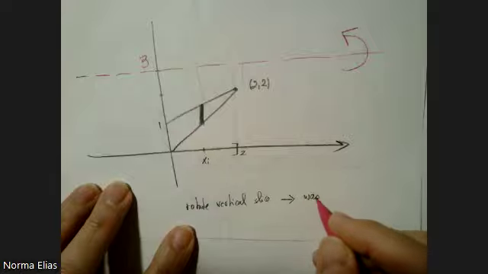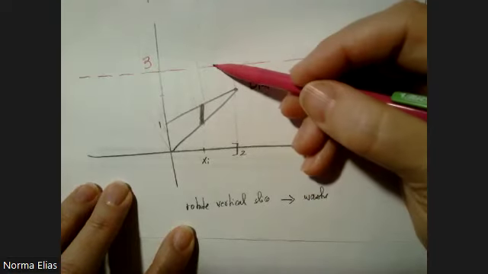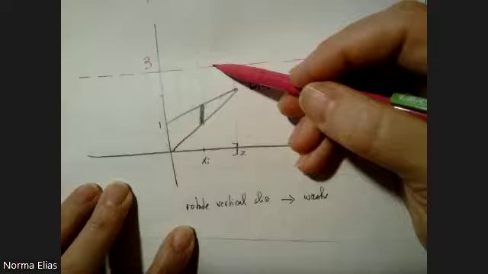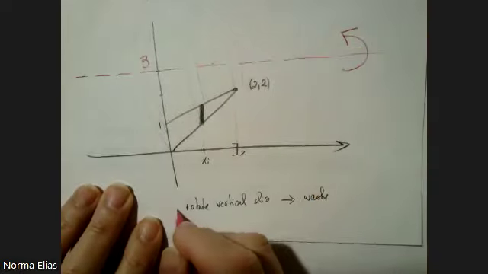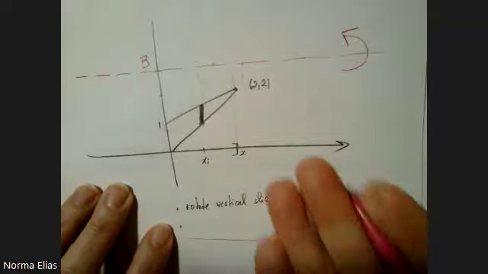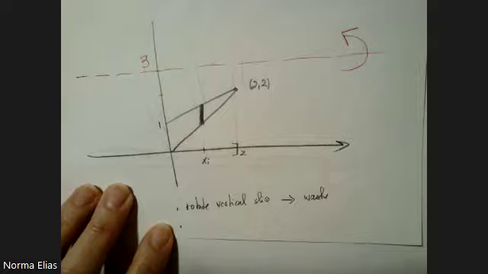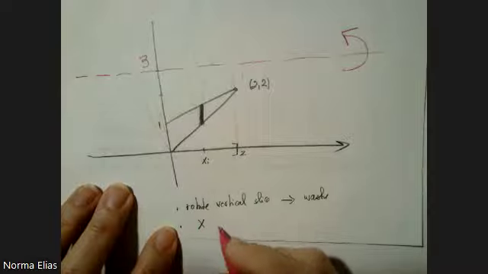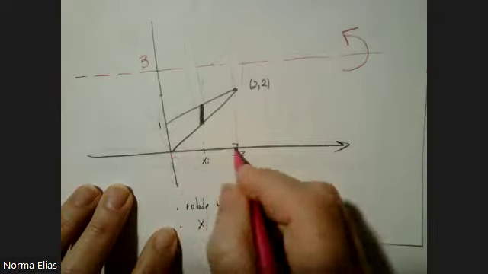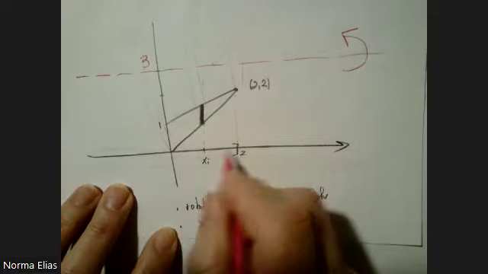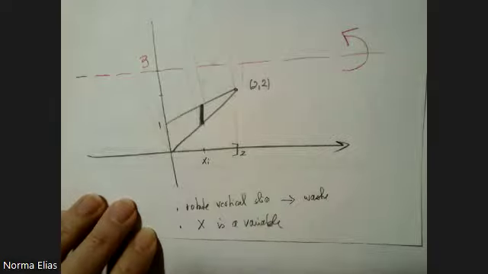Washer. Because this is not touching the axis of rotation, when I rotate, I'm going to have a big hole right there. Question number 2: my variable is x, because I'm cutting the interval along the x-axis into pieces.